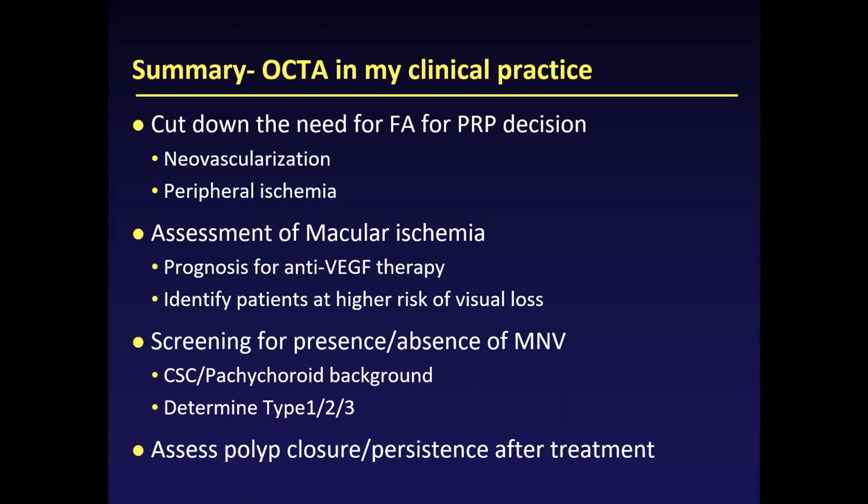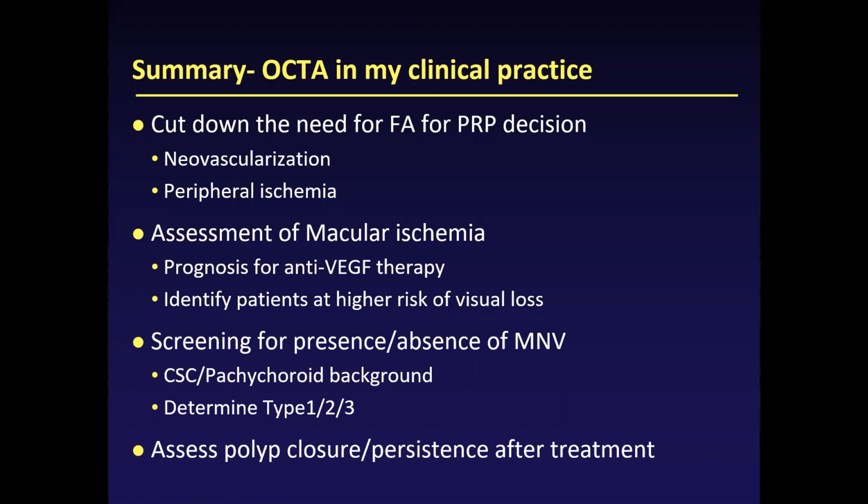So just to summarize, in my clinical practice, the OCTA doesn't just provide a beautiful picture, but is really clinically important. It helps me cut down the need of FA, make clinical decisions about neovascularization and peripheral ischemia, and therefore the need for performing PRP. It allows me to assess macular ischemia and therefore counsel my patients undergoing anti-VEGF therapy much more detailed.